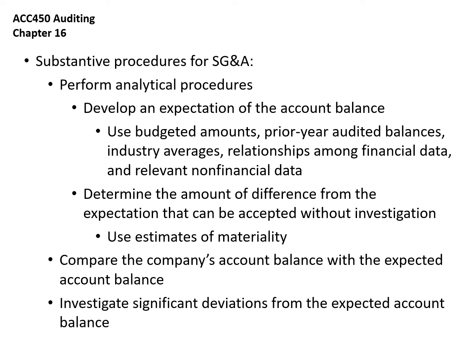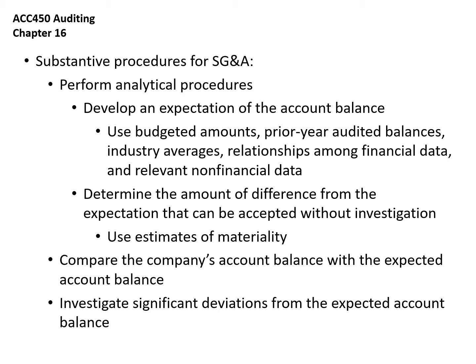Those sorts of questions. And then they should look to past audits, so past year's information. They can look to industry averages. They can look to, really, budgets are an important source of this kind of information. So if the company does have a good budgeting system, that can be a source of what the account should have been.